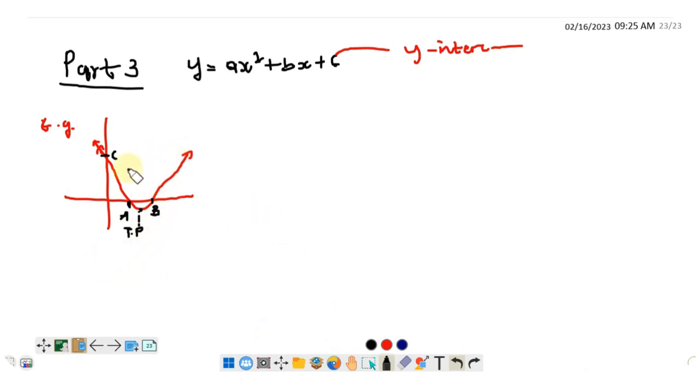So you are given the equation of the graph. Let's say the equation of the graph is f of x equals whatever.